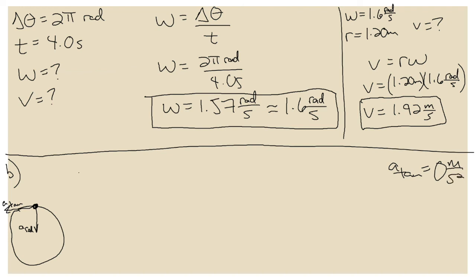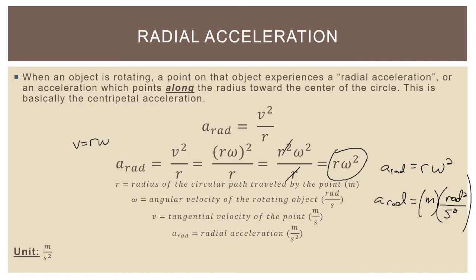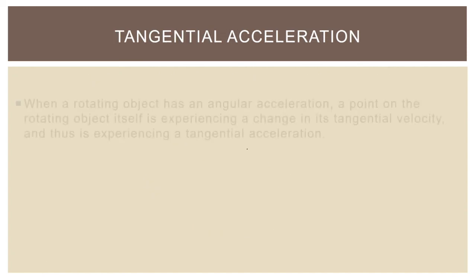And so the only thing we are looking for is the radial acceleration. We know here that the angular velocity is 1.6 radians per second. We know that the radius here is 1.20 meters. And that means to look for the radial acceleration, we need to use the equation we just developed, which is a radial equals r omega squared.